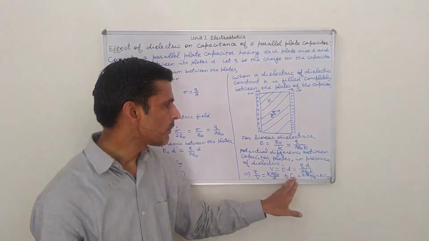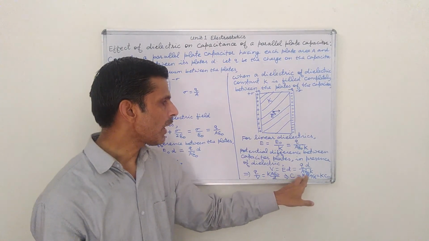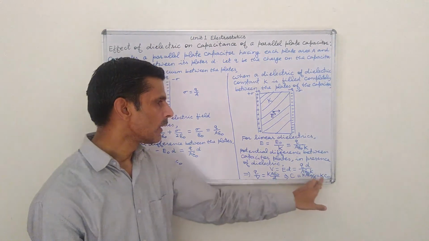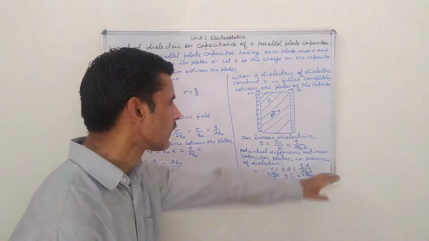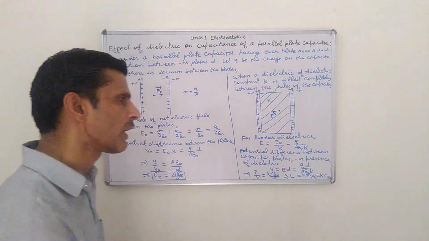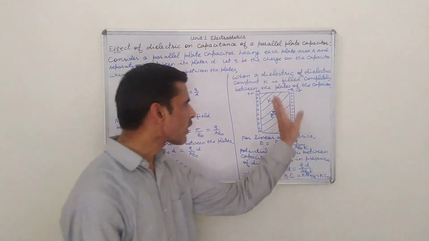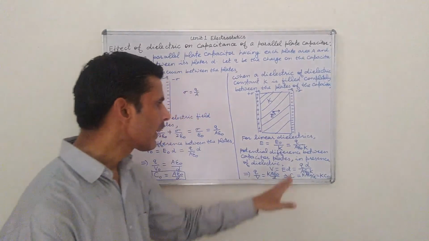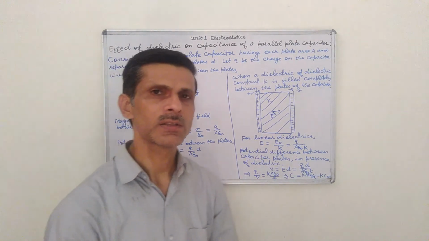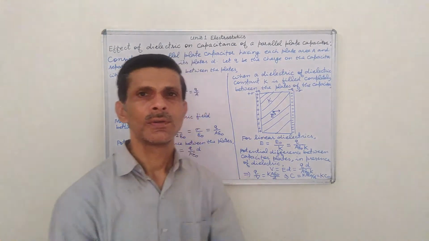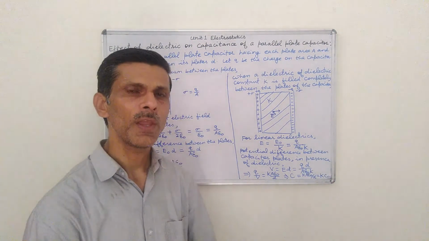So you can see in presence of dielectric capacitance, it becomes K A epsilon naught upon D, which is equal to K times capacitance of the capacitor when there were vacuum or air between the plates. That is, in presence of dielectric capacitance, it becomes K times the capacitance of the capacitor in presence of vacuum or air.